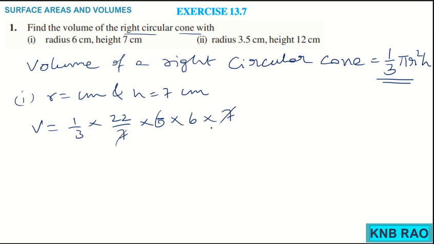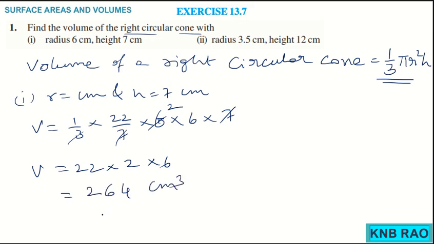So this 7 cancels with this, 3 cancels with the 6. So here volume will be 22 into 2 into 6. So this product you can find is 264 centimeter cube. This is the first question.